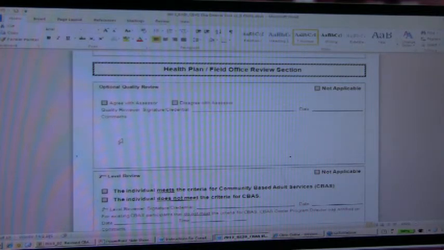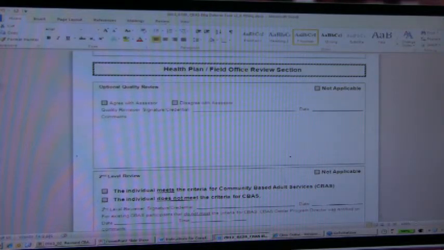If she feels the person does not meet the criteria, that there is a question of whether or not the person is at a level such that CBAS is indicated, and they disagree with what the face-to-face assessment was, there needs to be a complete rationale written in that comment section, and then the CEDT tool itself goes to the field office supervisor for a final sign-off.